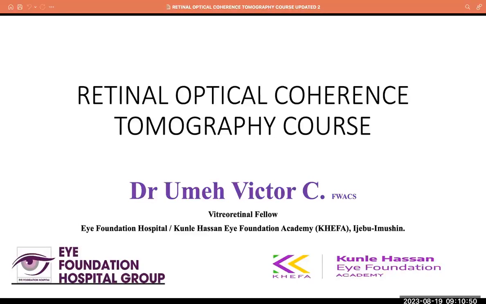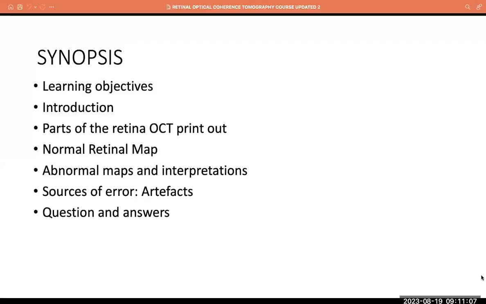So what we are doing today is to go through the retinal OCT, optical coherence tomography. The learning objectives are to go through the introduction and the part of the printout, down to question and answers.